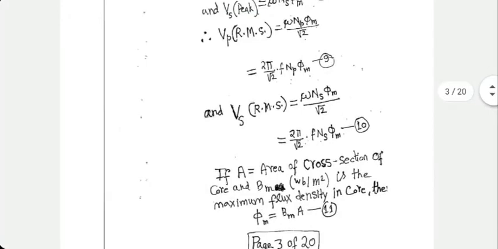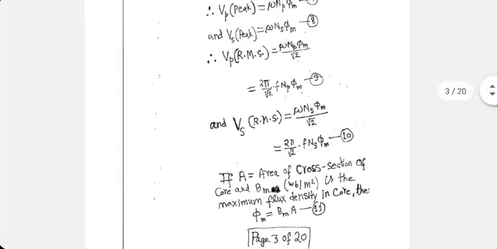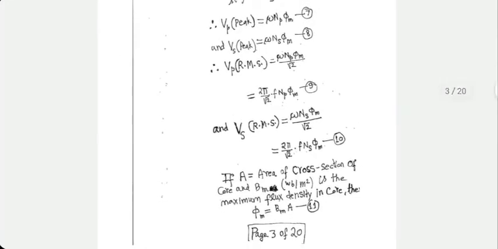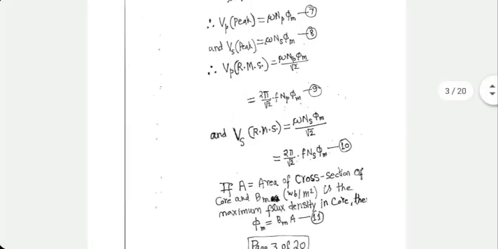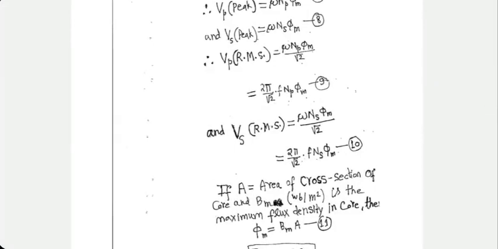Generally, it is the magnetic flux density in the core which is given to us. It is generally measured. So if the area of cross section through which the flux is passing is capital A in meter square, and the flux density is Bm, peak value, then phi m will be Bm multiplied by A. Bm is Weber per meter square, which is also known as Tesla.